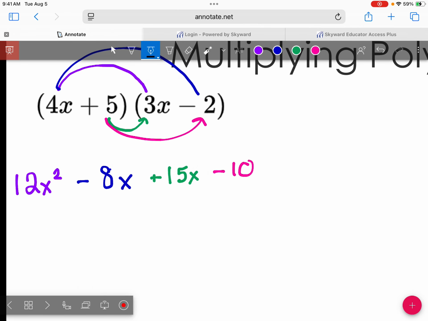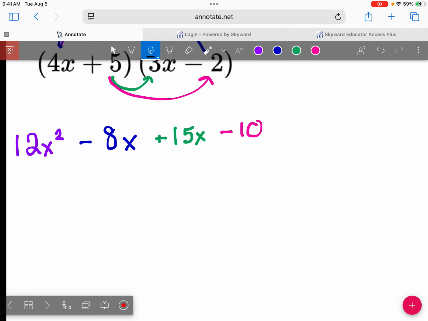Because right now we have this written as a polynomial, but we can do this as a trinomial because we have some like terms. We're going to wind up here with our 12x squared. Our minus 8x plus 15x is going to give us a positive 7x minus 10.